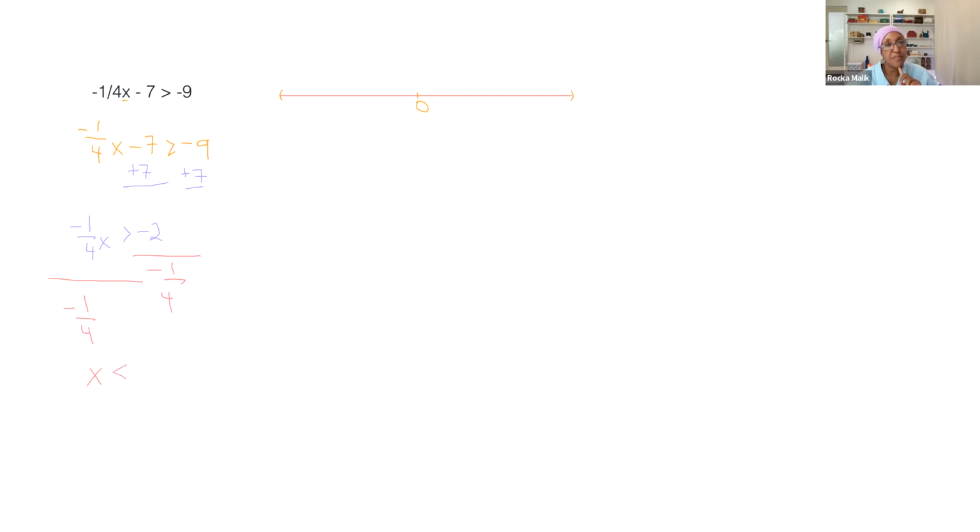And I'm so sorry for this. No, I'm not really sorry for this, but we need to practice these. So -2/1 divided by -1/4. When you divide a fraction, you flip the second fraction and multiply instead.